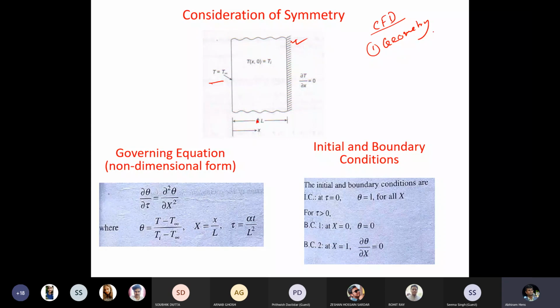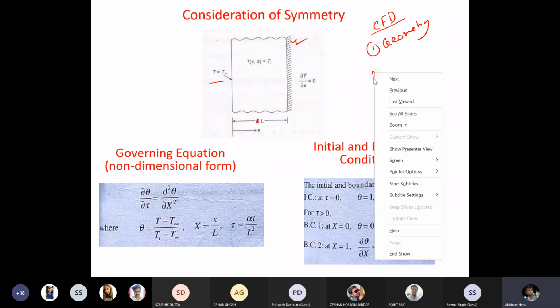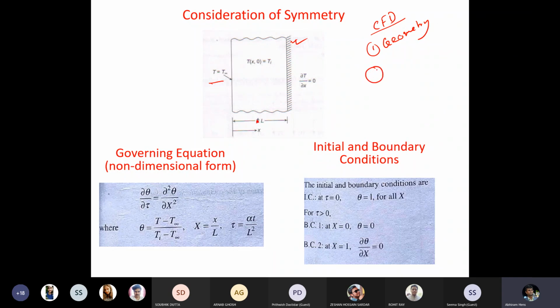So this is the geometry part, and the second part, I told you, is to identify the governing equation. You have to finalize the governing equation, and along with geometry we have also specified the boundary condition, which is also needed. Now we need to concentrate on the governing equation, which is written here in non-dimensional form.